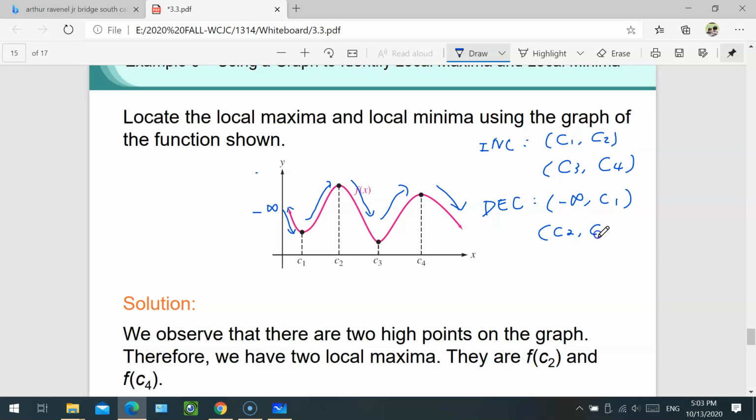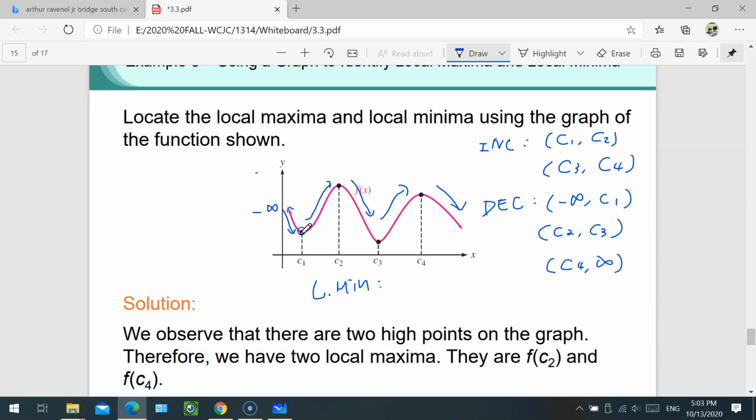Then from C4 to positive infinity, that would be another decreasing interval. Again, increasing, decreasing, you always go from the left to the right of the curve, and you are looking for the x value.